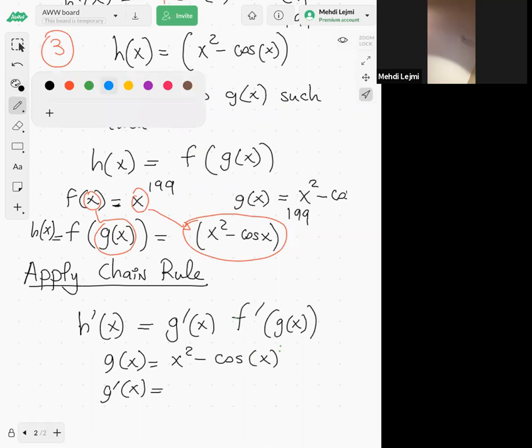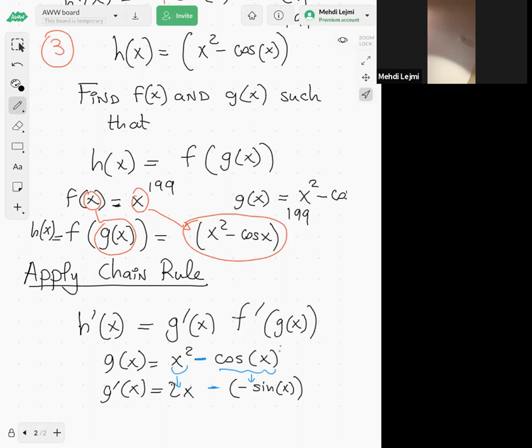So all you have to do is compute the derivative of x squared, minus the derivative of cosine of x. Derivative of x squared, by the power rule, is 2x: put the 2 in front of x and decrease the power by 1. And minus the derivative of cosine, which is minus sine.